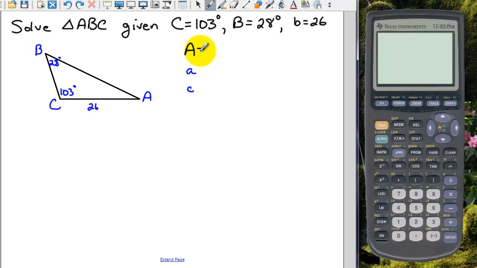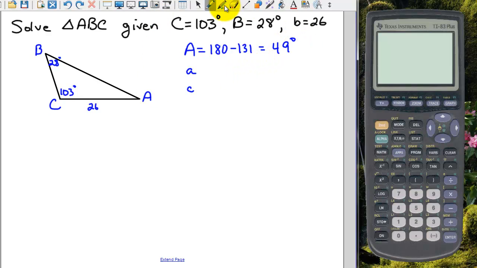Now we can find angle A easily here because we know our angles have to add up to 180 degrees. So we have here 131 degrees. If I subtract that from 180, we get 49 degrees for angle A, so that was easy.